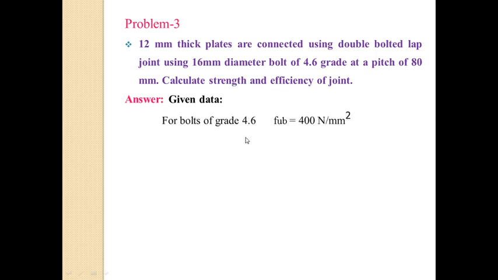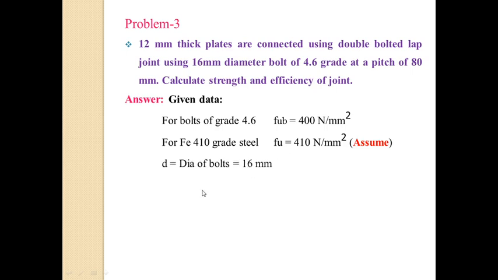So first, given data: the bolt grade is given, that is Fub. In this problem the plate grade is not mentioned, so we assume the plate grade is Fe 410 steel. Therefore Fu is equal to 410 N/mm².